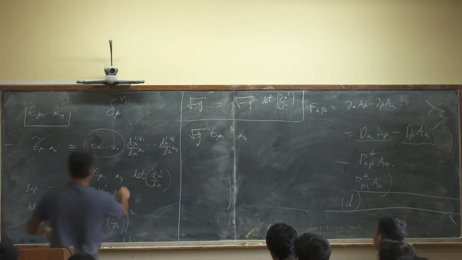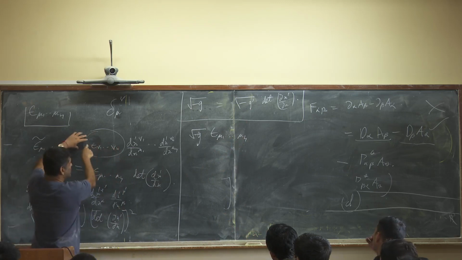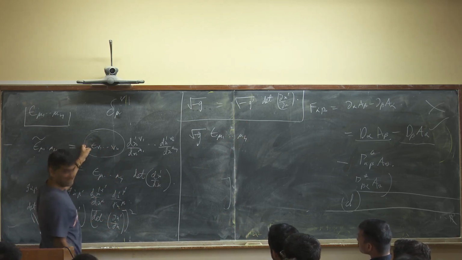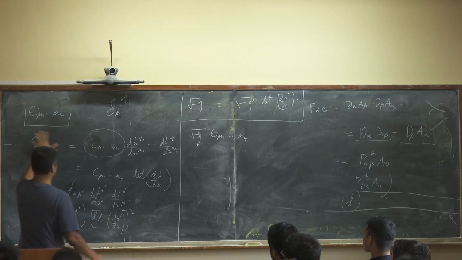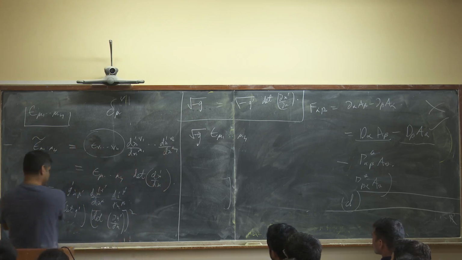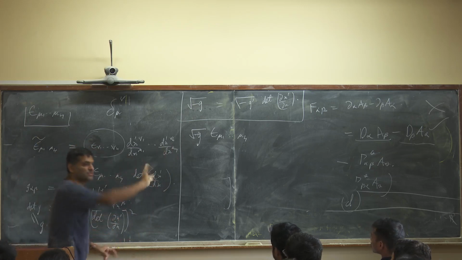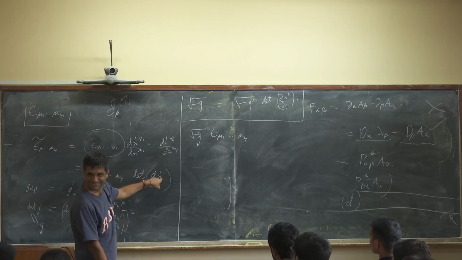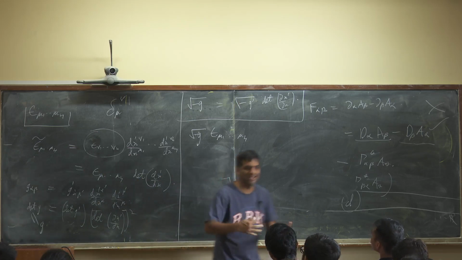If you want, here we would have had a square root minus g. So if we did this exercise, we would have started with square root minus g prime. I've shown you how g transforms. G prime transforms with the inverse. That inverse exactly cancels this. So you get back square root minus g times epsilon.